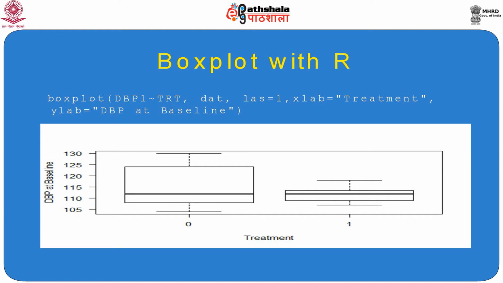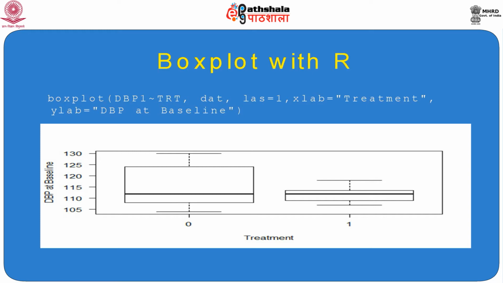However, since we have considered DBP1 as the baseline, ideally there should not be any treatment effect on it. There is no meaning in checking the treatment effect on DBP1, but treatment effect from DBP2 onwards should be considered.